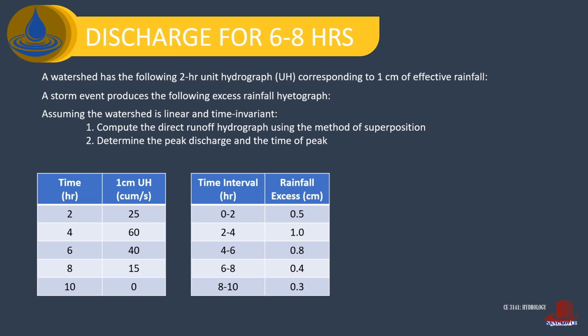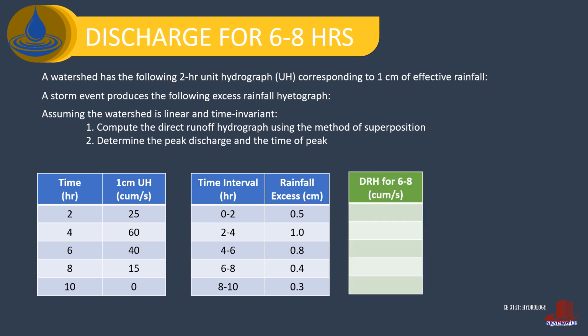During the 6 to 8 hours, the rainfall decreased to 0.4 centimeters. Multiply this to the UH to have 10 at T2, 24 at T4, 16 at T6, 6 at T8, then 0 again at T10.